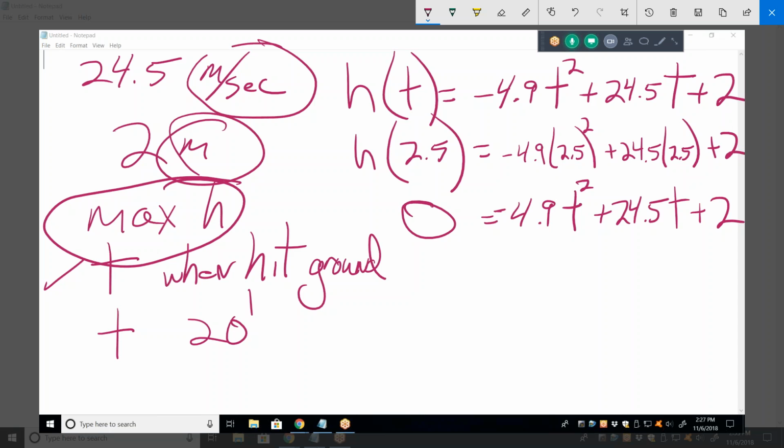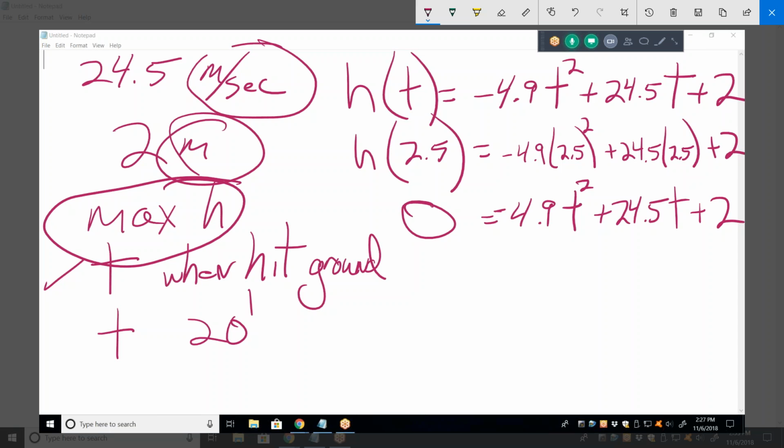Did they give it to you anywhere? They shouldn't expect you to memorize that equation, not unless you're a physics student taking physics. In terms of math, that coefficient of the t squared is totally dependent on whether you're dealing in meters per second or feet per second.